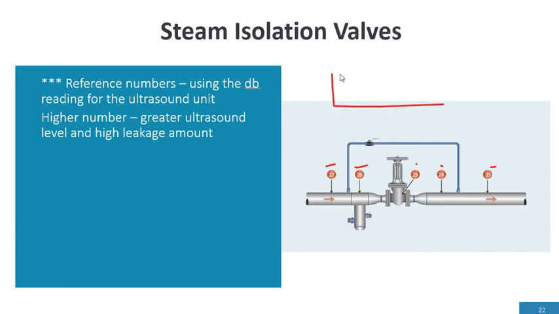On any measurement, we are taking a baseline, and we're trying to set the unit up to be repeatable. So we're setting the sensitivity of the unit to be at the same number all the way through our test points, and then marking down the decibel reading, which was described in part 1.